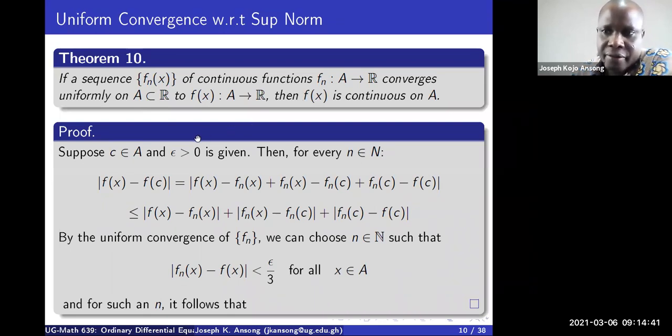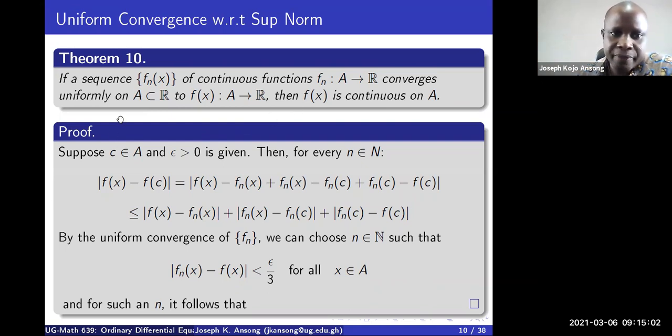So you have a sequence of functions, each is continuous, and this sequence converges uniformly to a function f of x, then the function to which they converge is also a continuous function. That will be important when we come to proving the Picard-Lindelof theorem. That's why we need this.